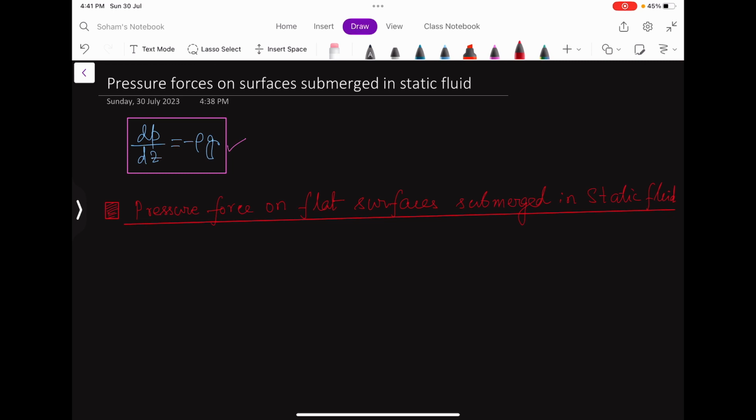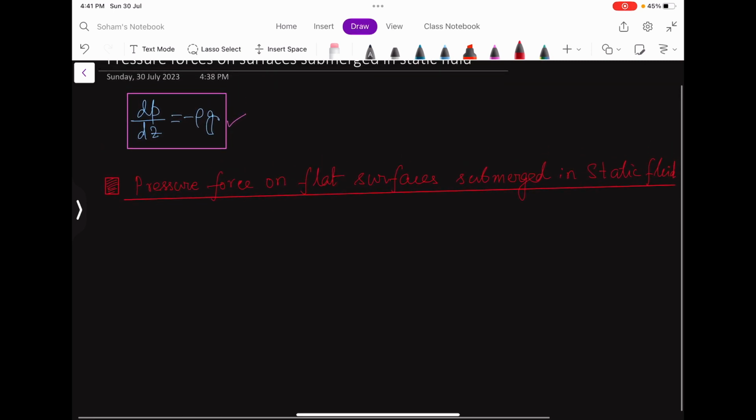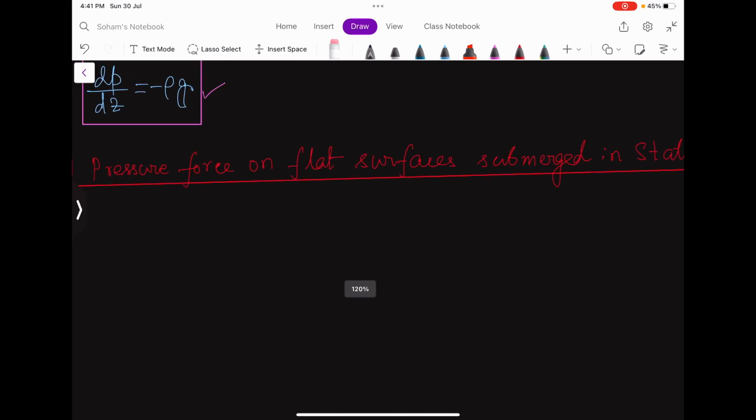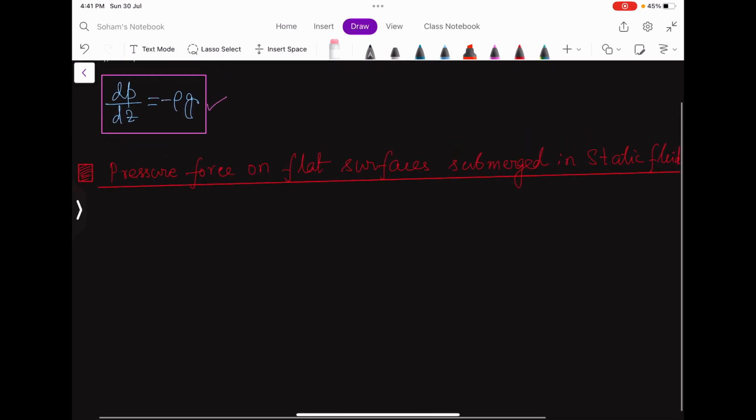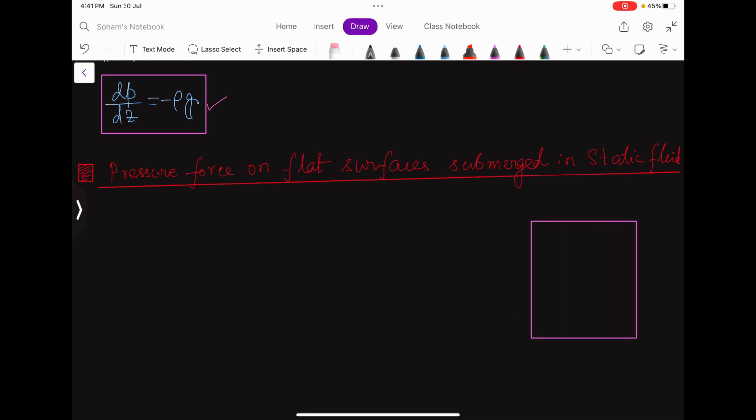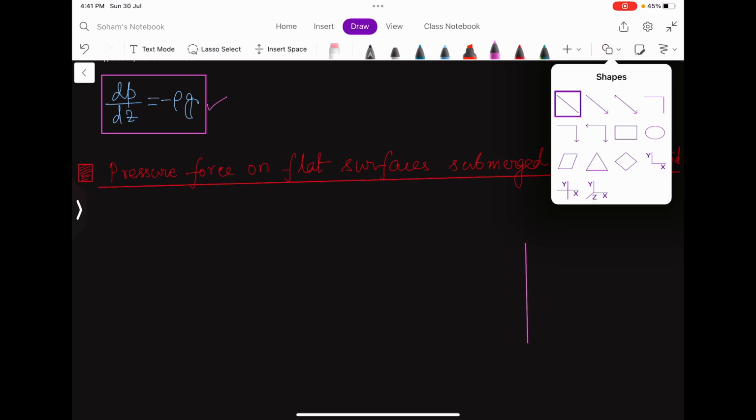Okay, so let me draw a simple schematic quickly. Here I have a tank, but that is not closed.